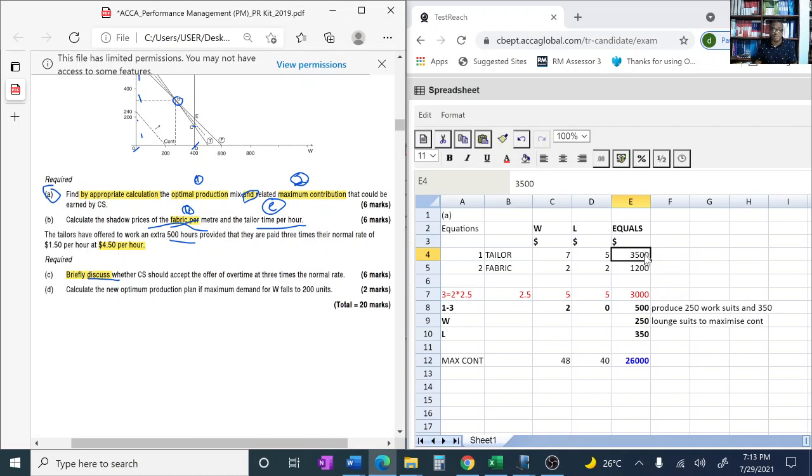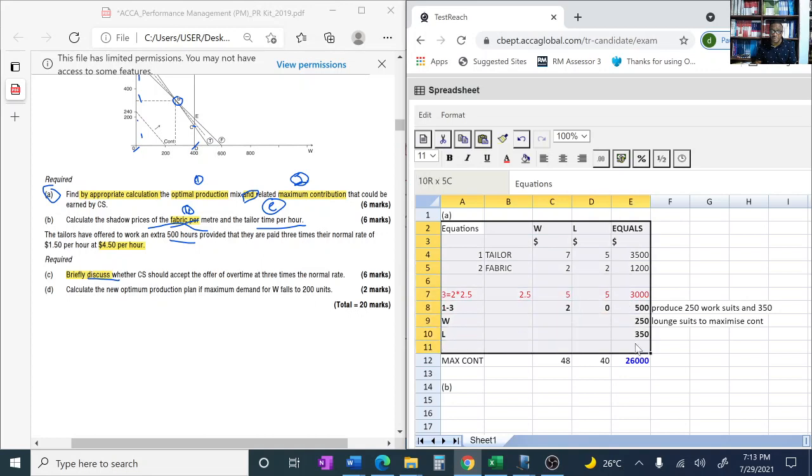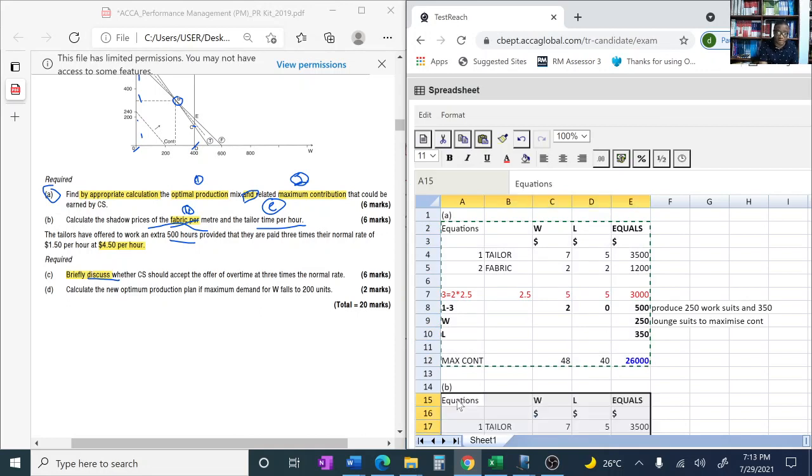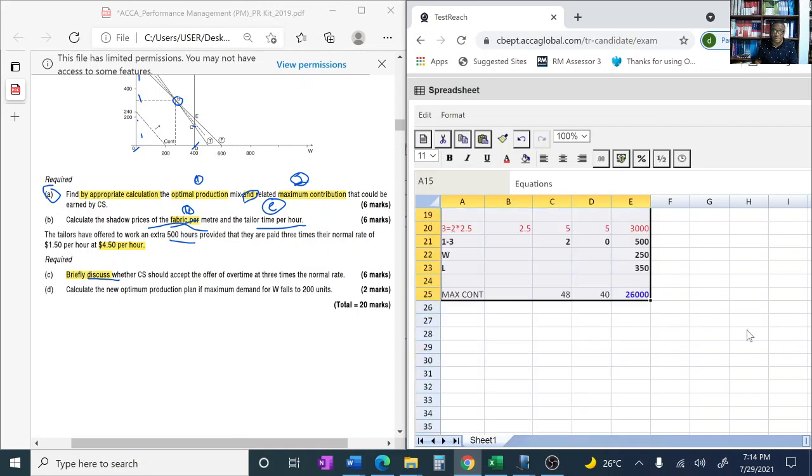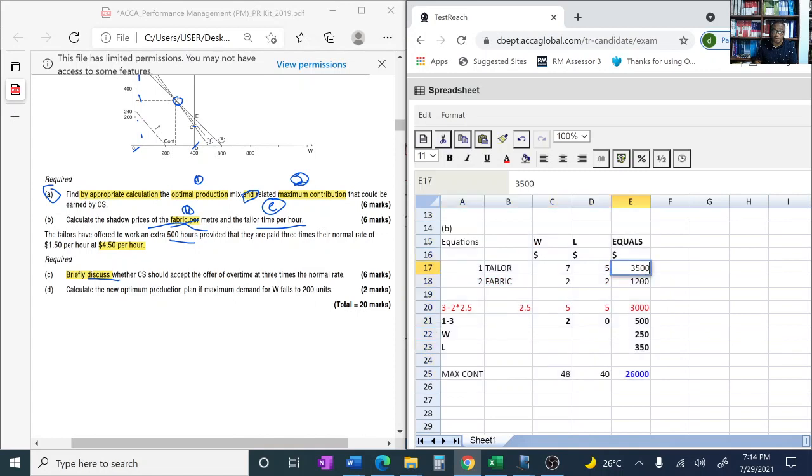Now, the beauty of the spreadsheet is this here. So to start with, again, let the marker know what you're doing. So I'm labeling this as B. Now, am I doing anything new? No, I'm literally going to copy this. So Control C. Now, I'm going to paste it here, Control V. Now, what I'm going to do is change that figure to 1.